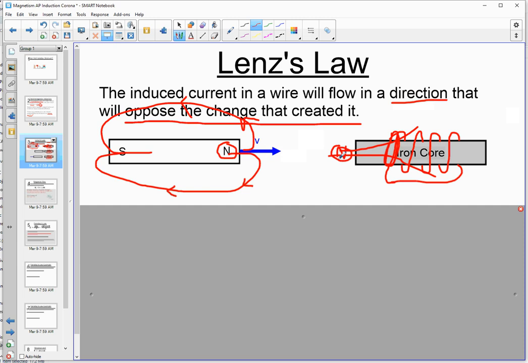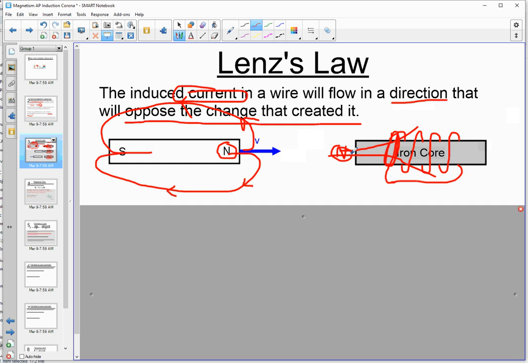So how would it create a north pole here on the left side? Well, remember our hand rules for magnetism, the right hand rules, and we're talking positive current here. All of the current that gets mentioned in all of magnetism is conventional current or positive current. So in order to create a north pole on the left-hand side, remember this is where you wrap your fingers in the direction of the coils, and your thumb tells you the direction of the north pole.